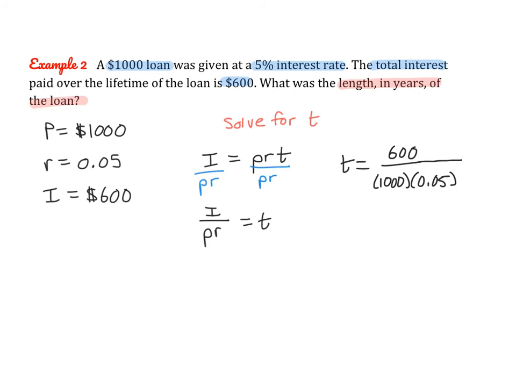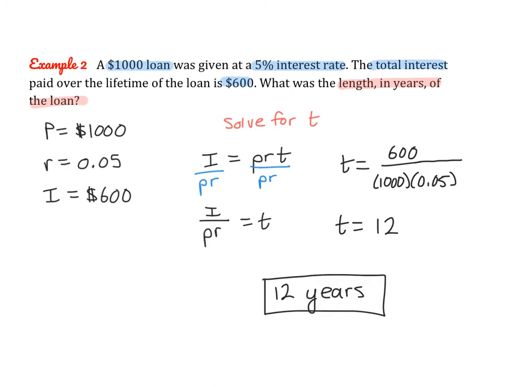If you type it in wrong to your calculator, it might actually be multiplying by 0.05 rather than dividing. So make sure you're grouping whatever you have in the denominator. So your answer should be T equals 12. So what is the length of the loan? 12 years.